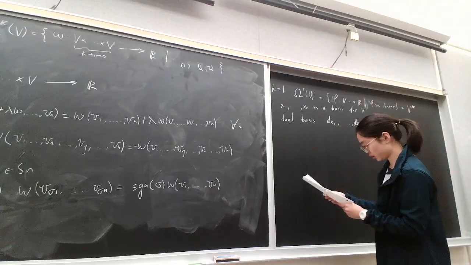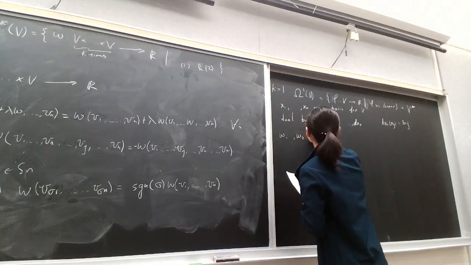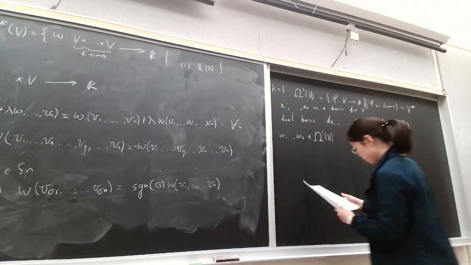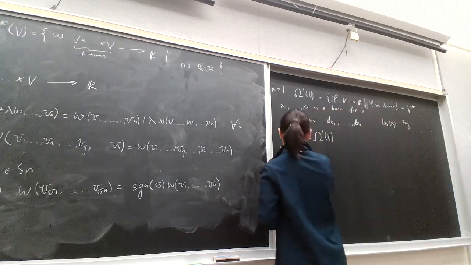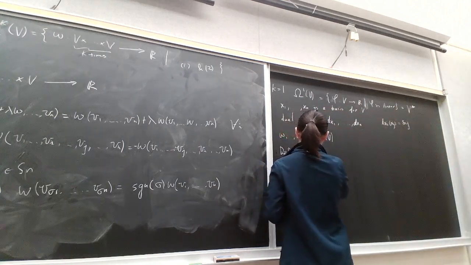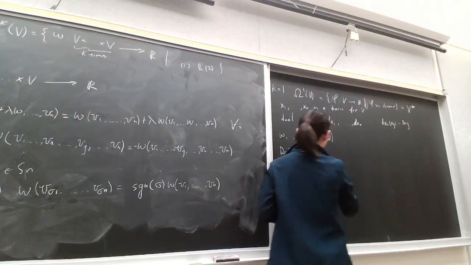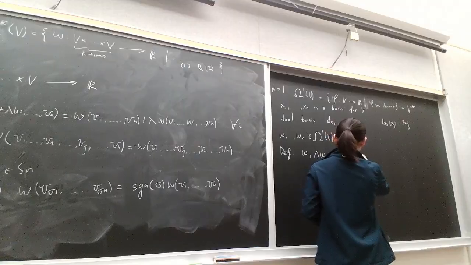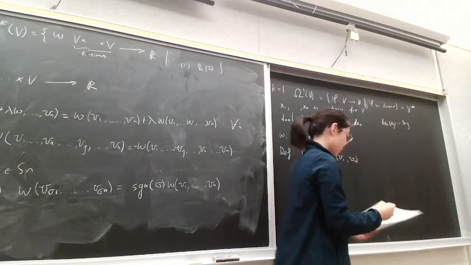So let's say omega 1 and omega 2 are 1 forms on V. And then we want to define a wedge product, omega 1 wedge omega 2, that takes in 2 inputs from V and outputs a number.